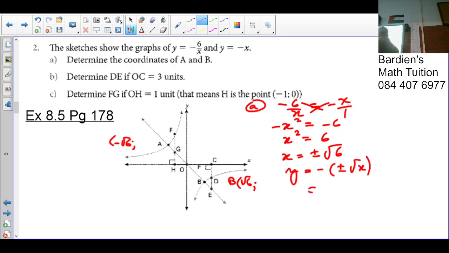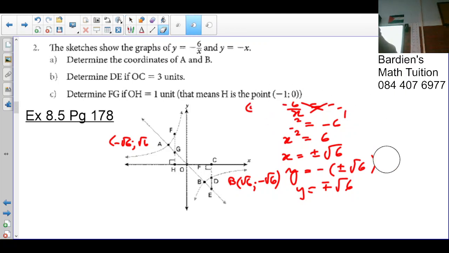So that will become positive, negative becomes negative, and positive root 6. Sorry, not the root x, the root 6. Okay, so this of course is going to be the positive root 6, and that of course is the negative root 6. Okay.